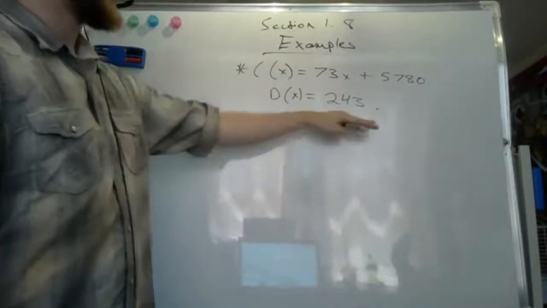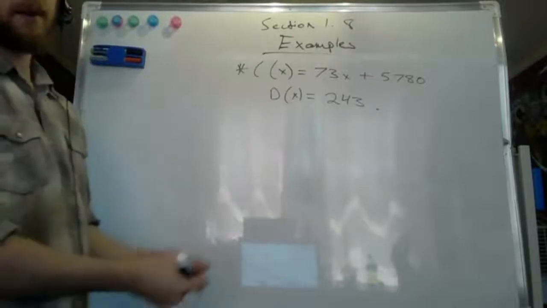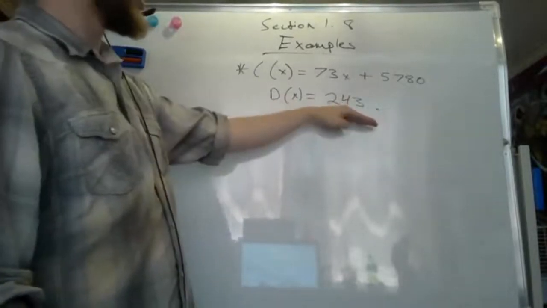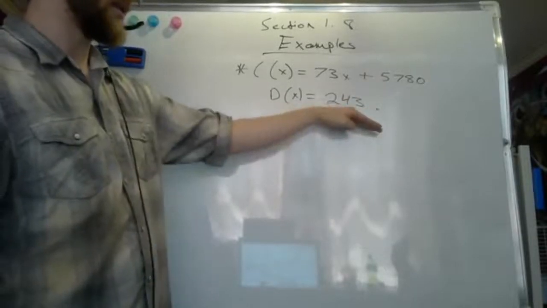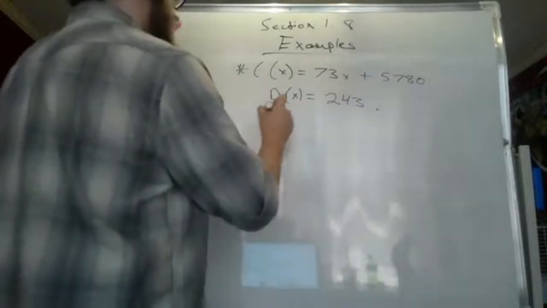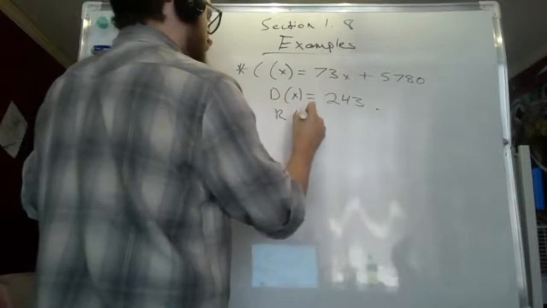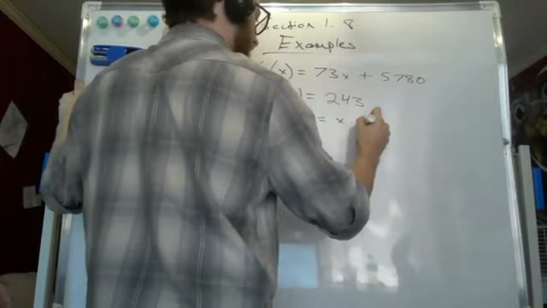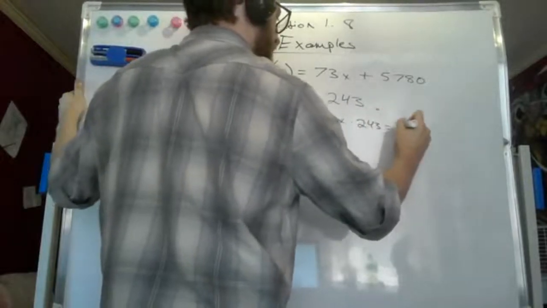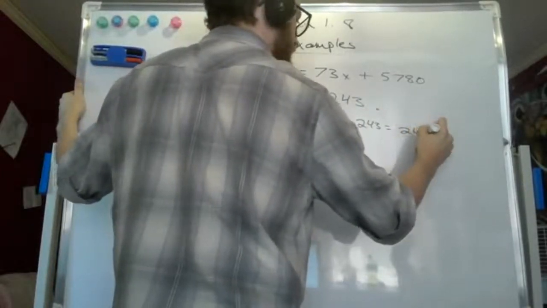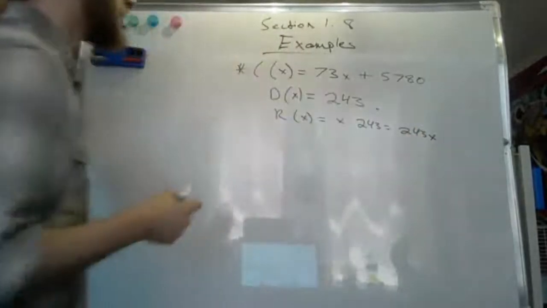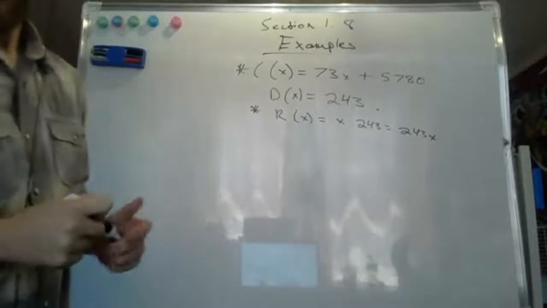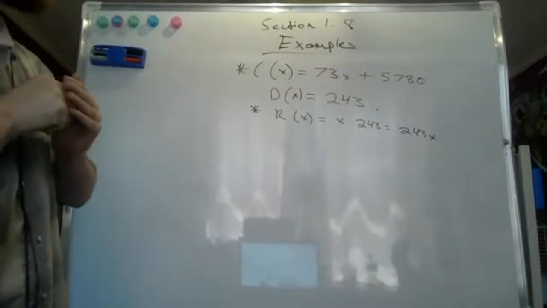That's just how this particular product works, or maybe that's just a decision that this particular business has made. So the price is constant. Well, what does that tell us? That means our revenue is going to be X times 243, or in other words, 243X. So we've got a cost, we've got a revenue, so let's keep going then.